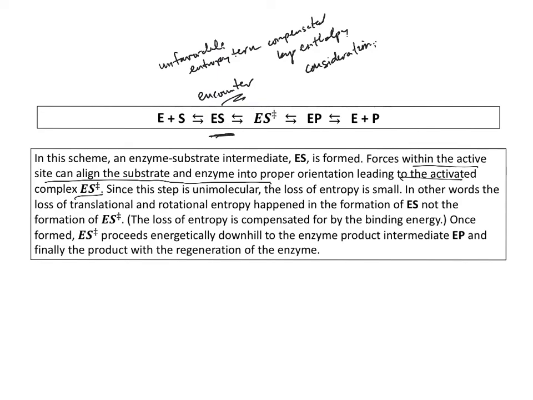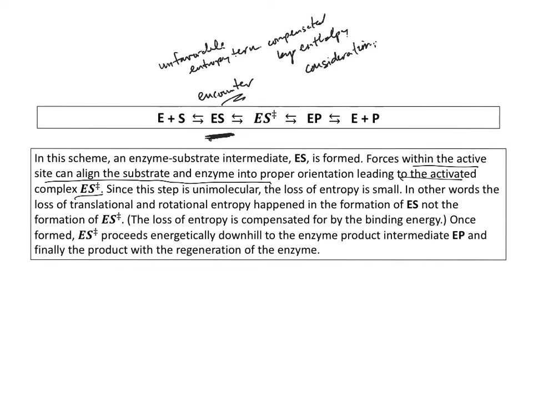In other words, if E and S form a nice tight bond, it could be a Lewis acid-base attraction or some new covalent bond. If they're forming a really strong bond, the fact that the entropy is unfavorable is not that big a deal.